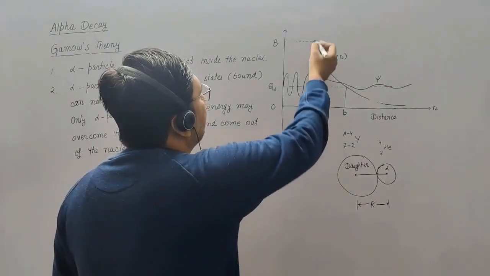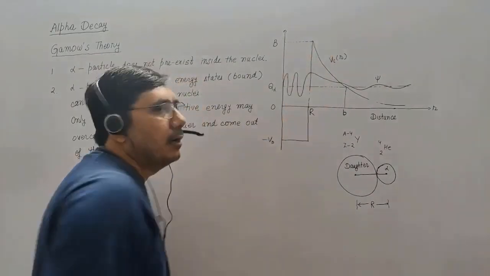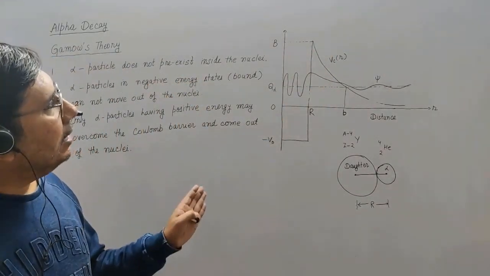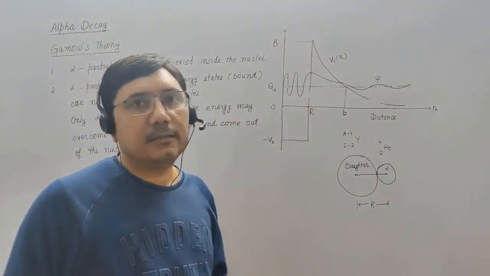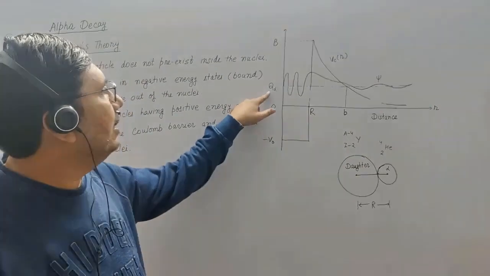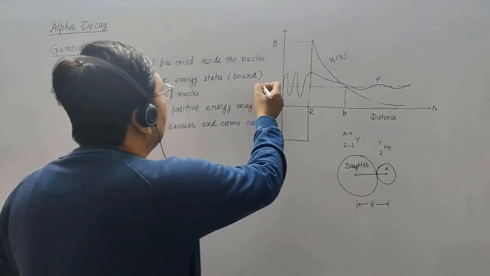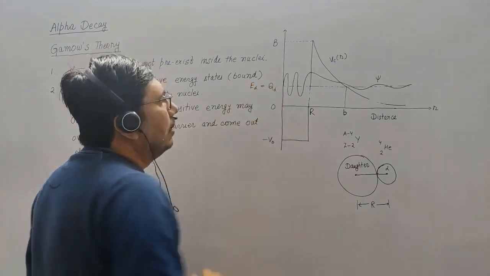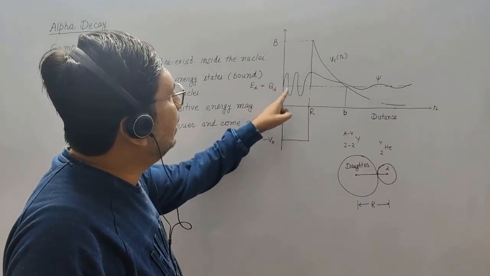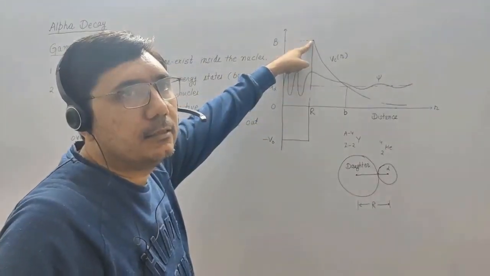And here, this is the height of this Coulomb barrier. The alpha particle has to come out of this Coulomb barrier. Energy of the alpha particle is Q alpha, which is positive. This is the energy possessed by the alpha particle, and it has to cross this Coulomb barrier.